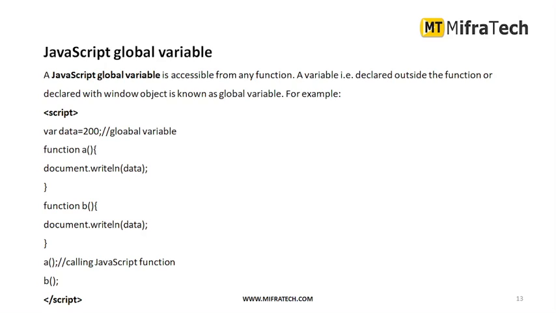Then another function named b, which also does document.write(data). Then we call the JavaScript functions a and b. It will display the output 200 and 200 because there are no restrictions here, we can declare anywhere. We declared the variable data equal to 200 first, and the same output has been given.